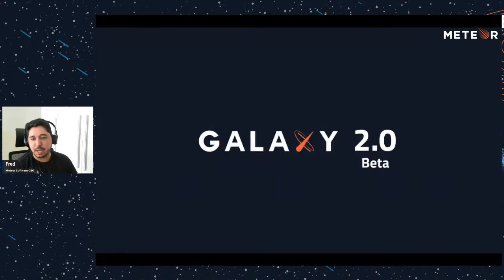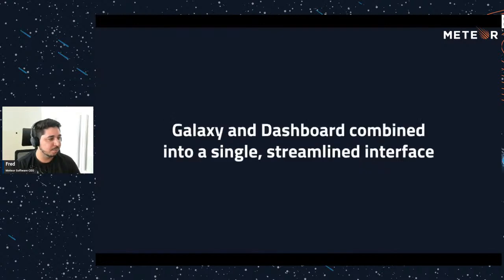And then comes Galaxy 2. So we are in beta version on Galaxy 2. And the main change here is, I know that some people do not realize because we use the same logo, but many people also notice that we have two different systems to manage our application on Meteor Cloud right now.